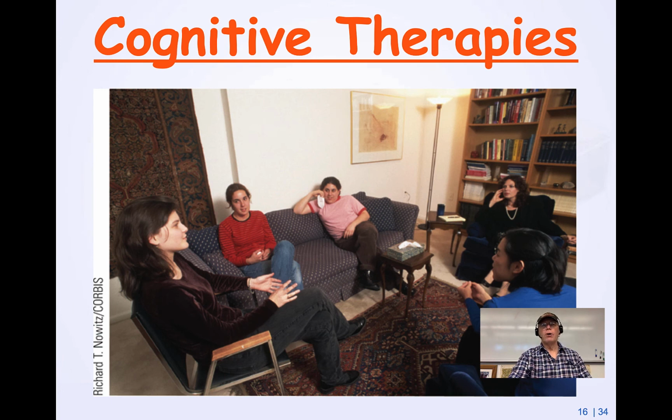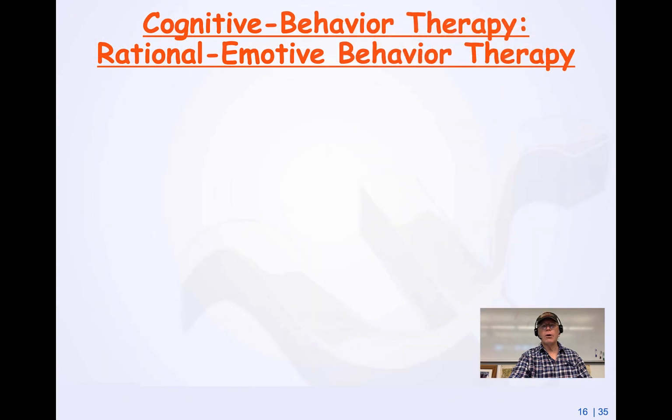Now we're going to talk about cognitive, and like I said, they throw these together in cognitive behavioral therapy, but they kind of work together. So we're going to go through this and see what we can find about cognitive therapy. Cognitive behavioral therapy or rational emotive behavior therapy are two terms.